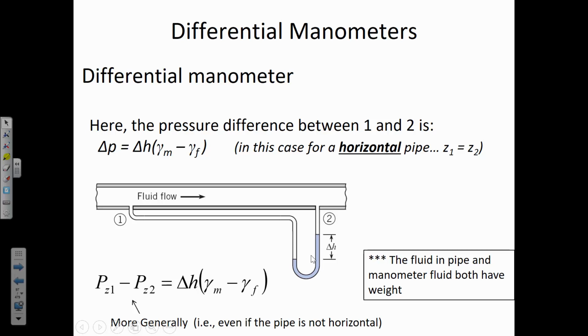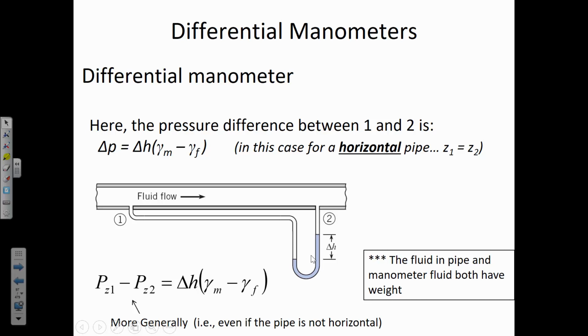So if we're saying P sub z1, we're saying not only do we want to know the pressure at that location, but we're also going to keep track of its elevation relative to some datum, whatever is the baseline that we're measuring our elevations against. Not only do we want to know the pressure at one location, but we're also going to account for how high it is.